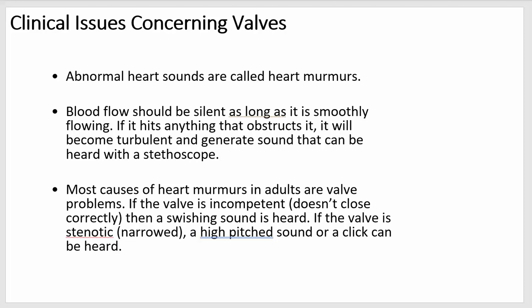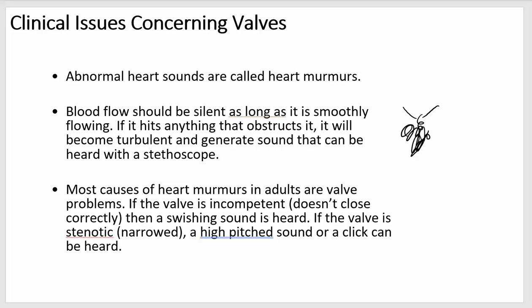Abnormal heart sounds, we can read through this. Blood flow should be silent, but when those valves close, it causes some turbulent flow, and that's what you hear in heart sounds. If it hits anything that obstructs it, usually we're talking about vessels here.